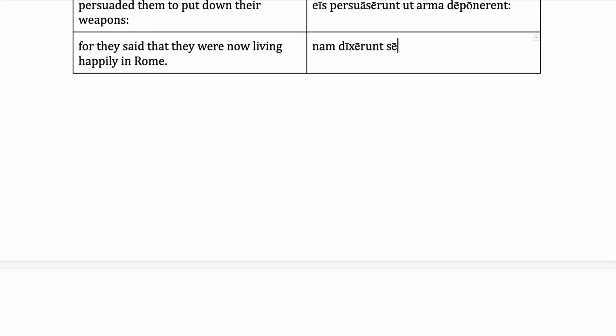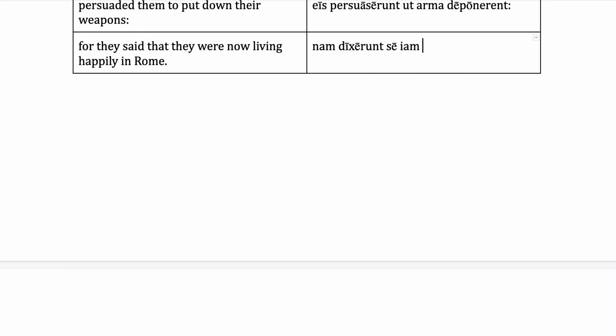Now for now in Latin we can use the word iam or nunc if you want, but I think iam is quite nice because it means by now, right? By this point. They were now. Now let's leave the verb to the end. So let's say happily.